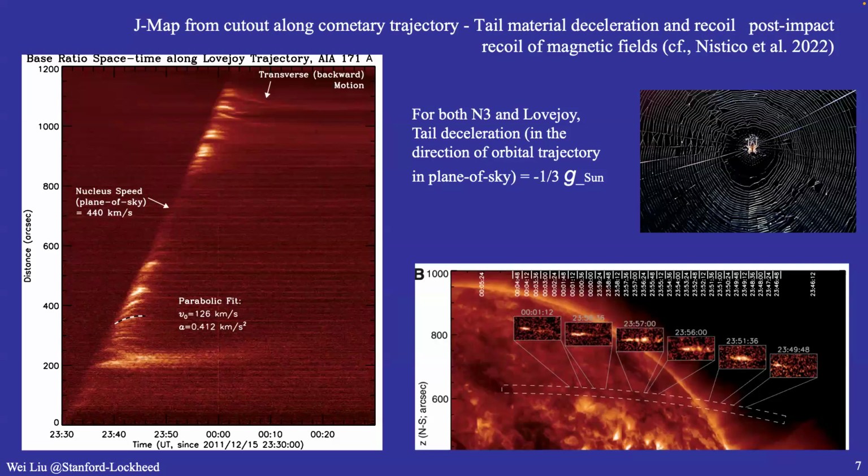So you're loading the magnetic field with momentum, and the field is going to bounce back with recoil, basically like what we see from eruptions. There's recoil happening from magnetic field lines, and this is opening a door for new diagnostics, like what we call comet seismology, like coronal seismology. We heard a lot about those perturbations by the comets.